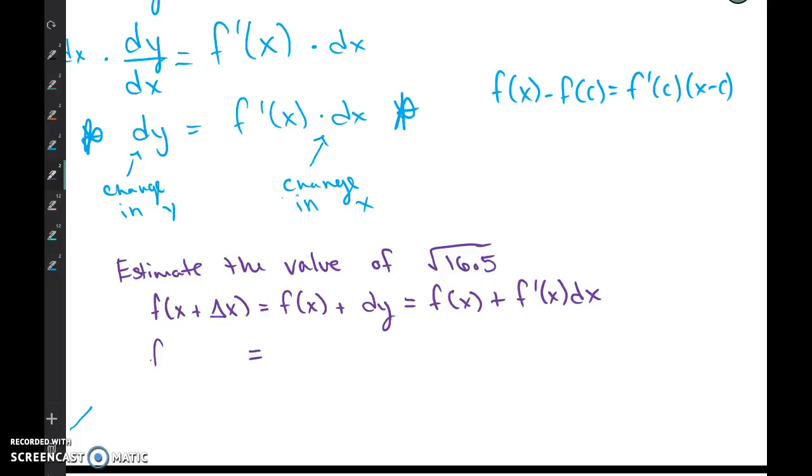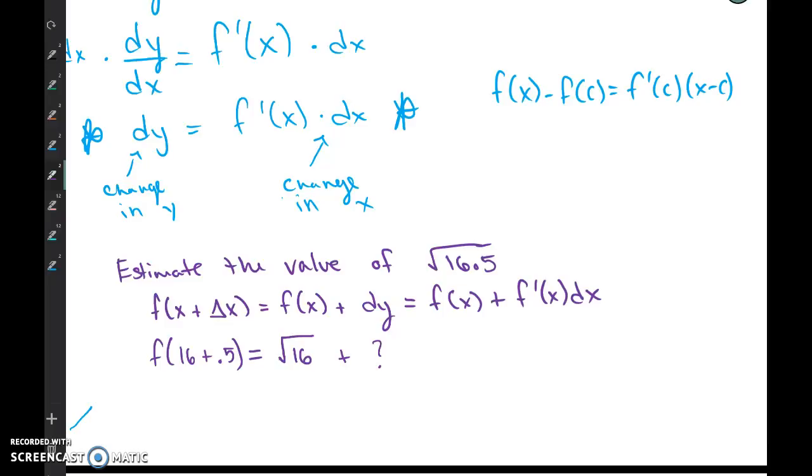So let's say we've got over here 16 plus our change in x, the part we don't know, our 0.5. So we know the square root of 16, but we don't know what's going on here with that 0.5. So that's going to be a question mark for right now.